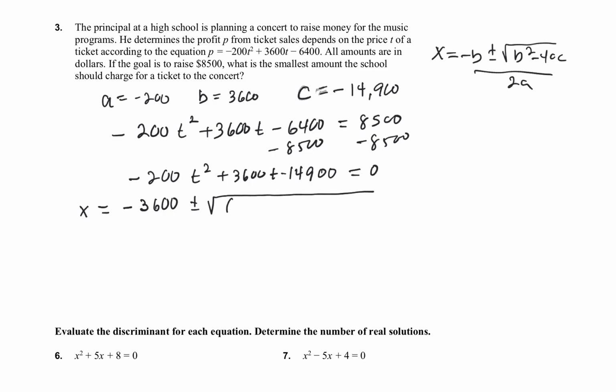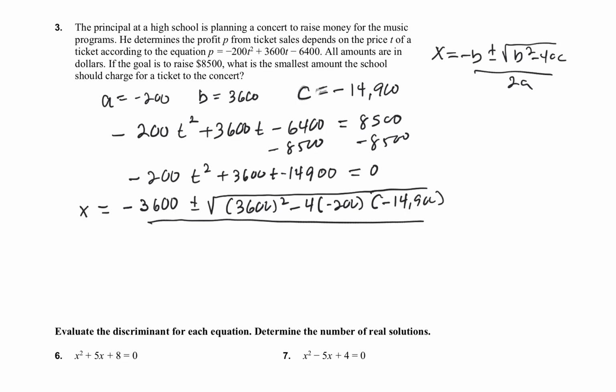The value of b is 3,600 squared minus 4 times a, which is negative 200, times c, which in this case is negative 14,900, divided by 2a, which is 2 times negative 200.